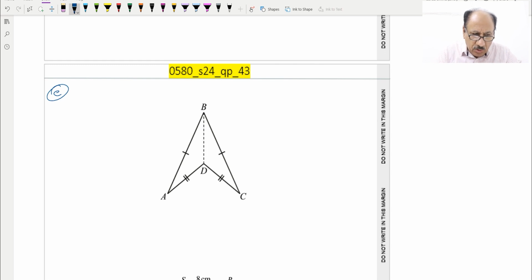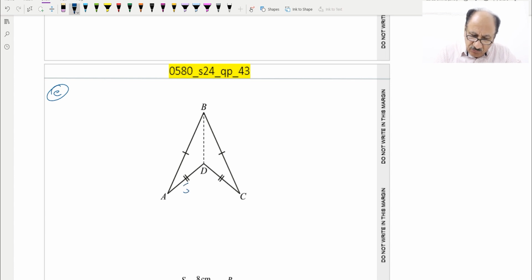They are saying in the quadrilateral ABCD, this one, AD is equal to DC, which is 5.